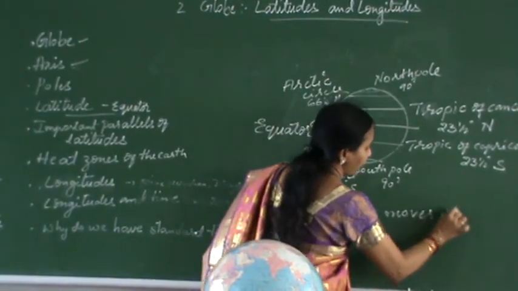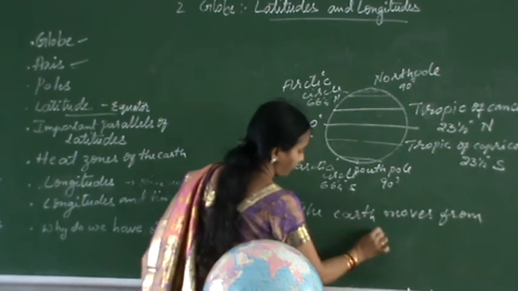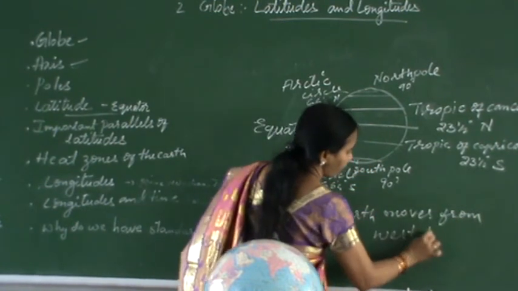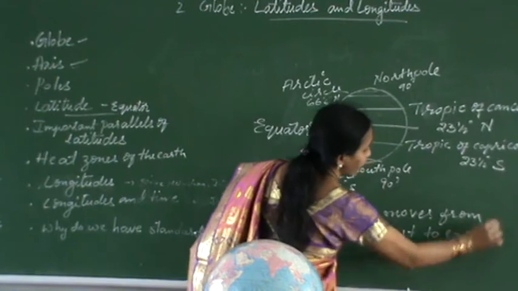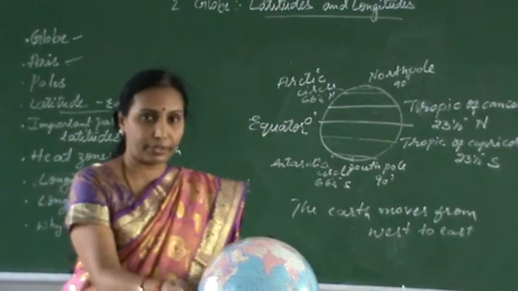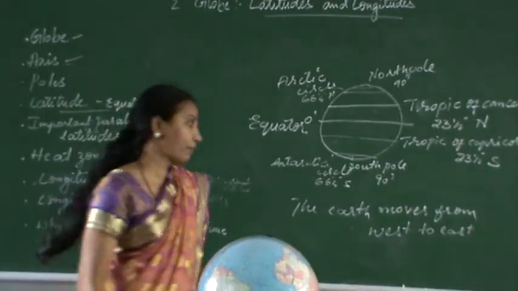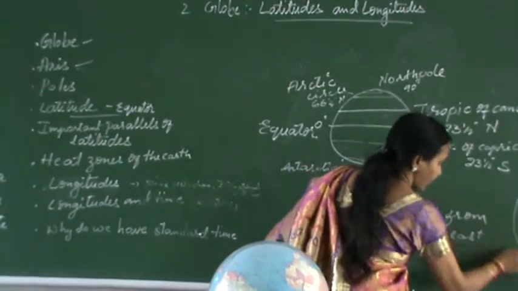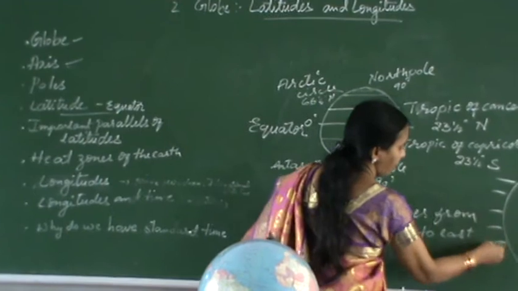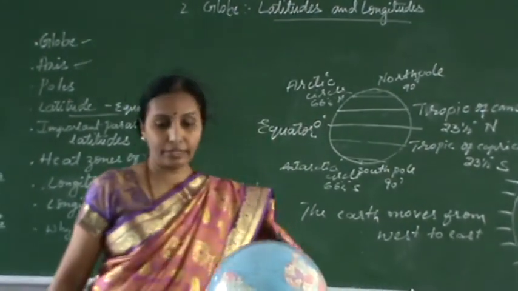Earth moves from west to east in this way. As we know, the sun rises in the east. Now let us say here is the sun.